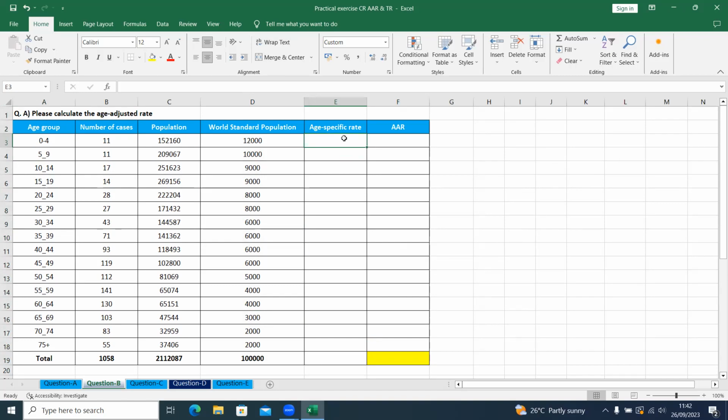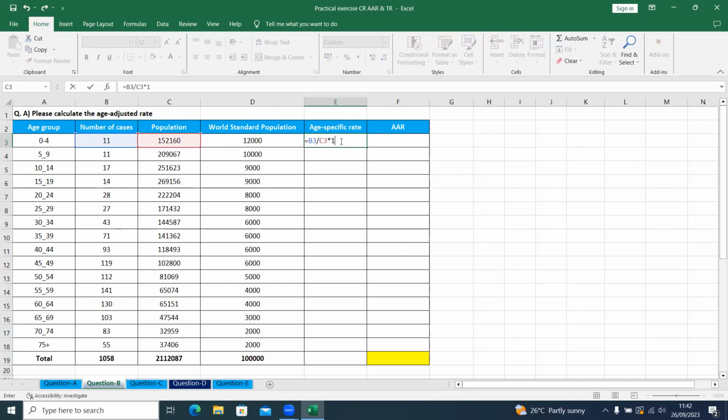You must have the age specific rate. Yes, ma'am. Thank you for the response. So, to calculate the age adjusted rate, we need to calculate the age specific rate first. So, I will calculate the age specific rate for each age group. Please do it with me.